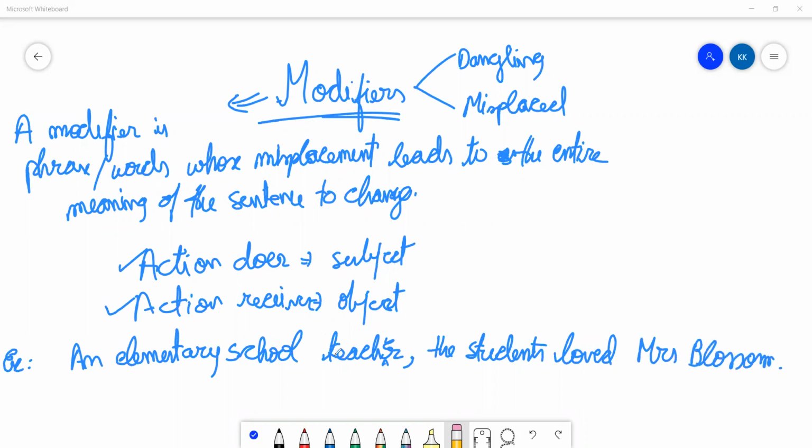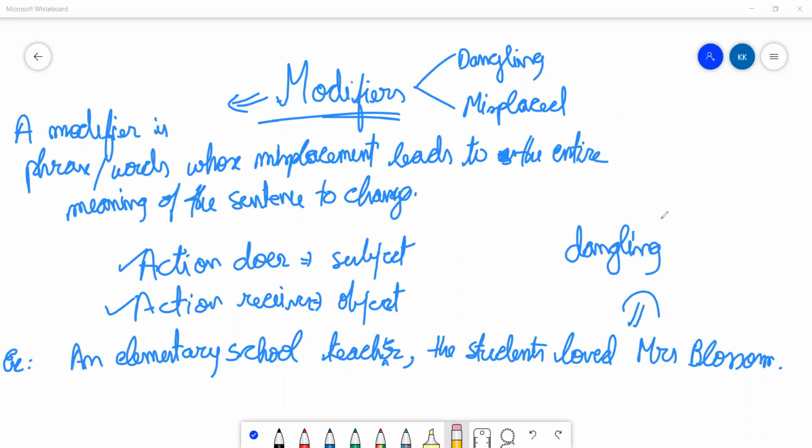Okay, suppose this is the sentence. Now when you read the sentence, it seems correct. Such sentences come under the category of dangling modifier.